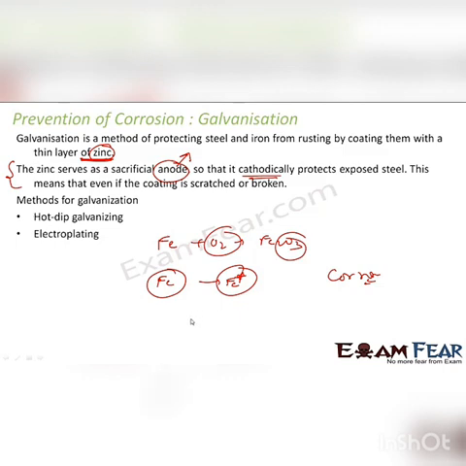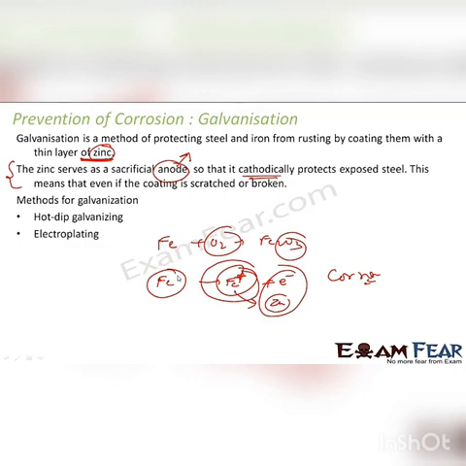Anode is something which takes electrons, right? So whatever extra electrons iron has given, zinc will take them, and it won't allow iron to get rusted, correct? Because anode takes electrons. So zinc will take electrons and it won't allow iron to rust. Correct?